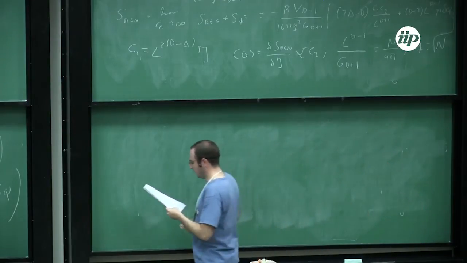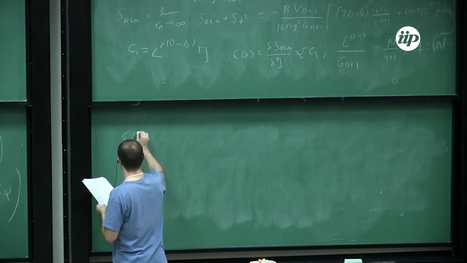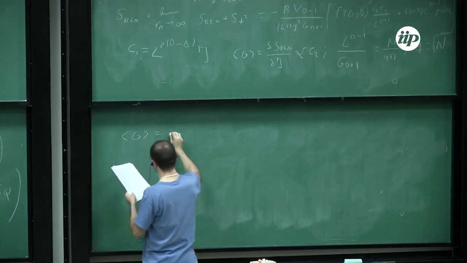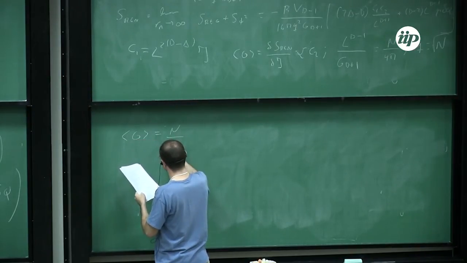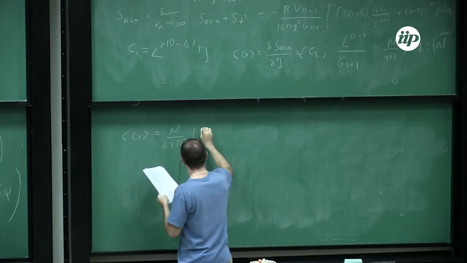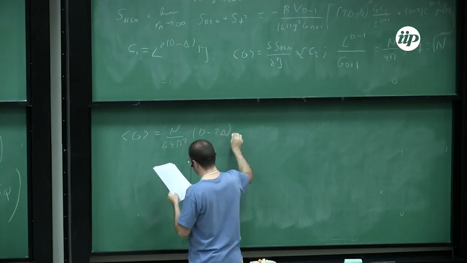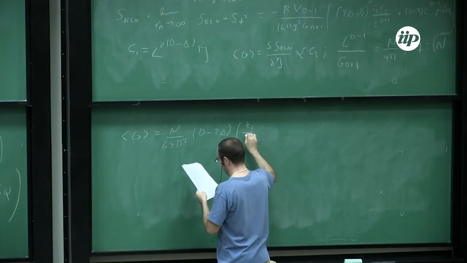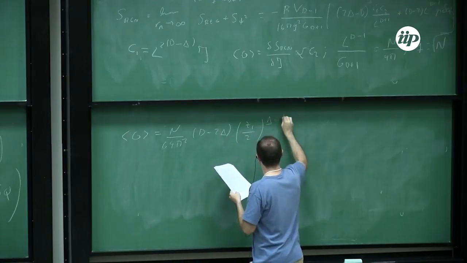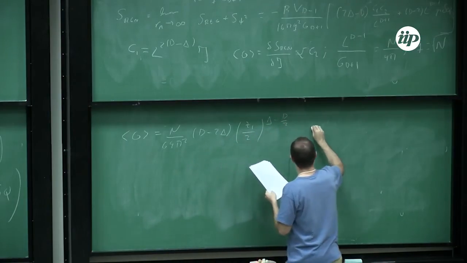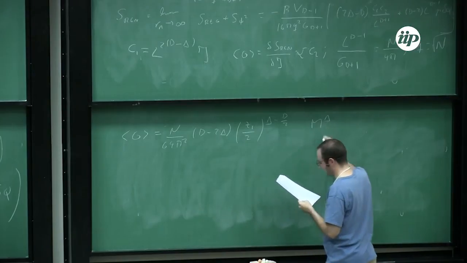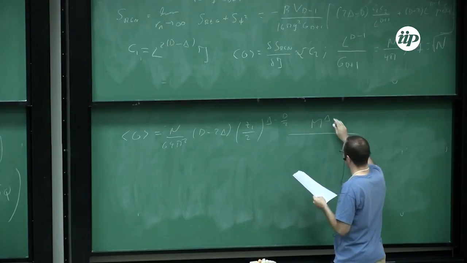So when you use these things, you find that the expectation value of the scalar operator is n over 64 pi squared (d minus 2) delta. There is a numerical factor. Then there is the mass given by the hard wall to the dimension delta.